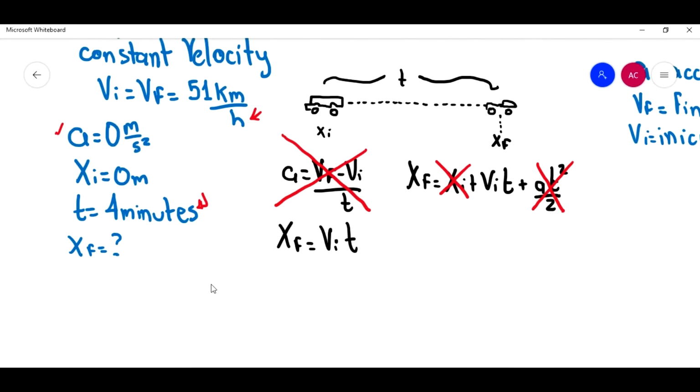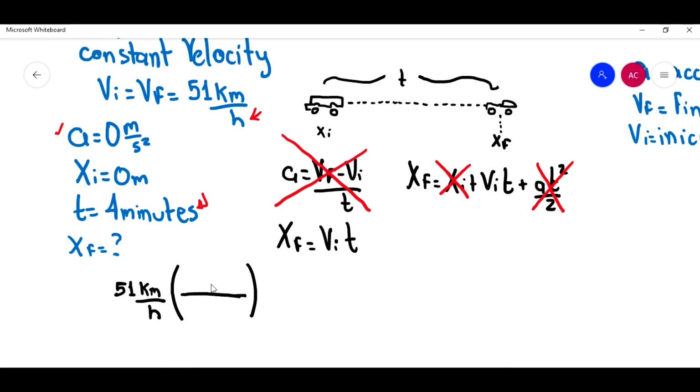First, I'm going to transform 51 kilometers per hour into meters per second, and I'm going to use the conversion factor. I want meters, so I need to eliminate kilometers.